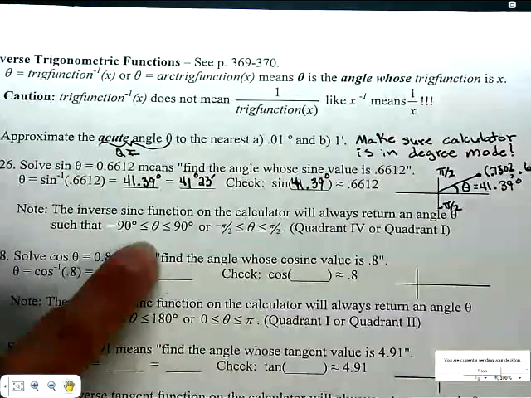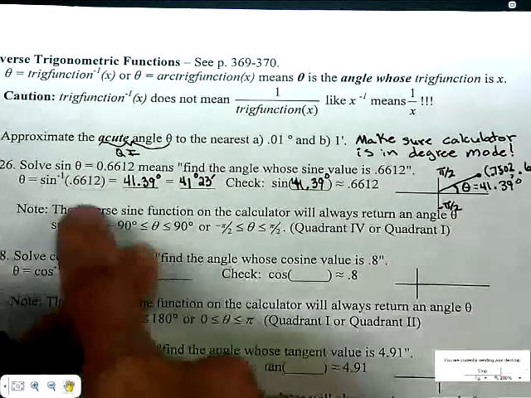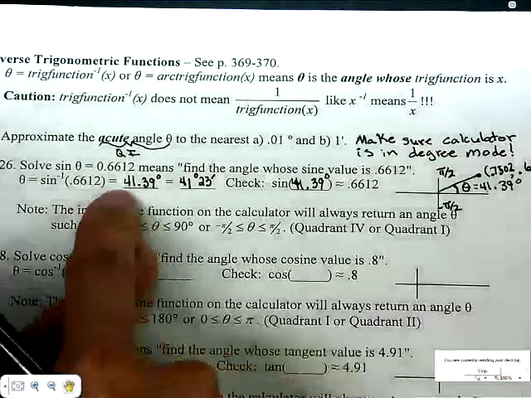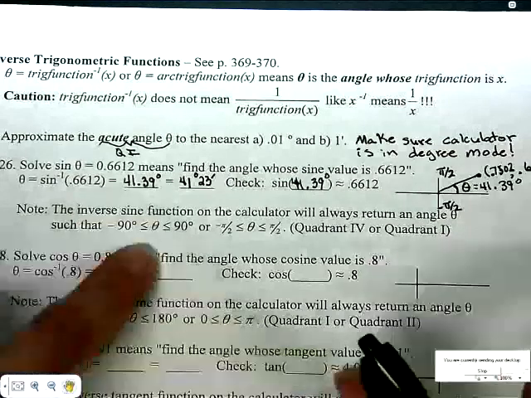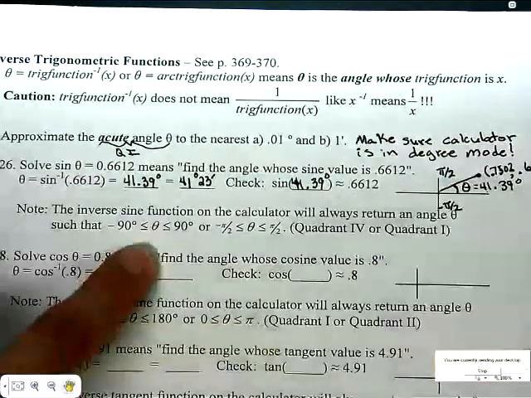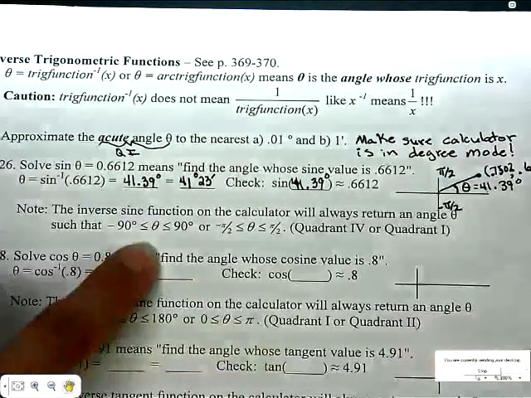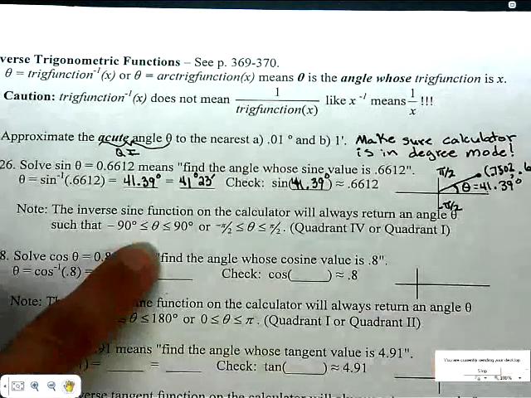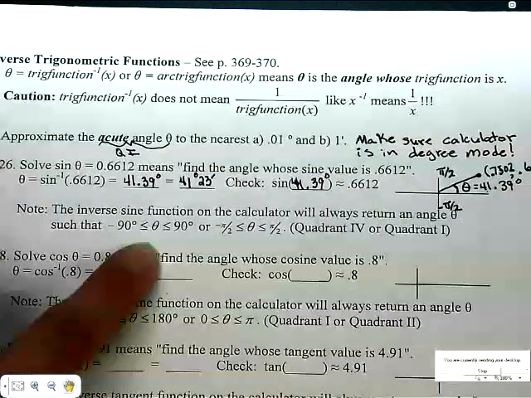So when your calculator is in degree mode and you use inverse sine, you're always going to get an answer between negative 90 and positive 90. A fourth or first quadrant angle. I'll save that comment for when we run across one in the example. Inverse sine is always going to return a fourth quadrant or first quadrant angle.